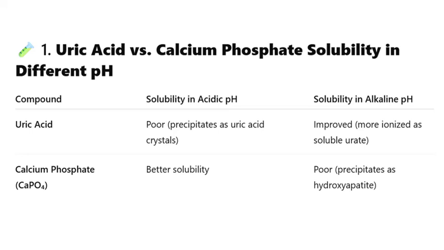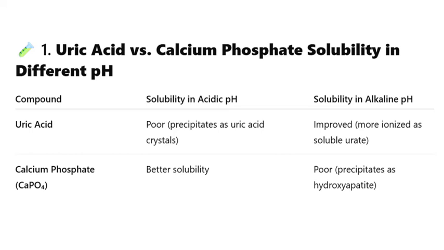Why is it? This is a brilliant observation and exactly the clinical paradox in tumor lysis syndrome, TLS. Alkalinizing the urine may help prevent uric acid nephropathy, but can promote calcium phosphate precipitation. And this trade-off has significant clinical consequences. Let's break down the biochemistry and clinical reasoning.